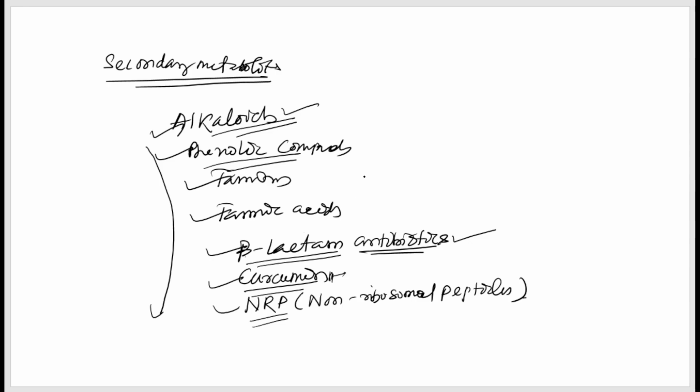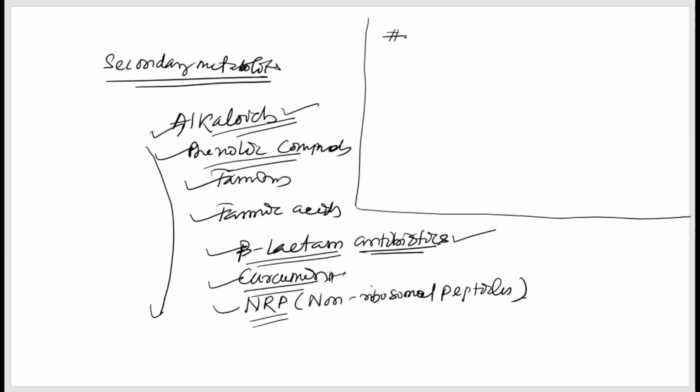And one more thing, when we say that secondary metabolic pathways are there in microbes, in plants, and in animals, why are these metabolic processes present inside the living system? There are different hypotheses.